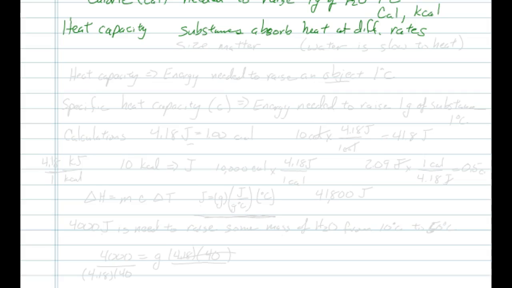And it also depends upon their size. If you try to boil a small cup of water, it's going to take a lot less time than to boil a big old kettle of water. And water, by the way, is exceptionally slow to heat up. It's difficult to change the temperature of water, which is why they say a watched pot never boils.